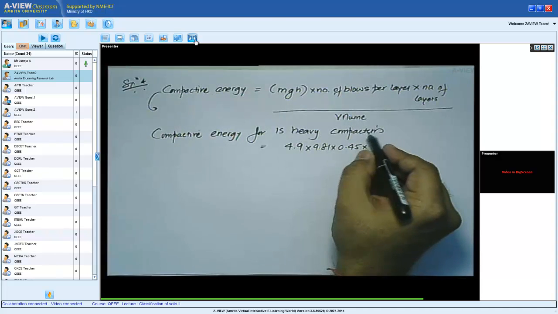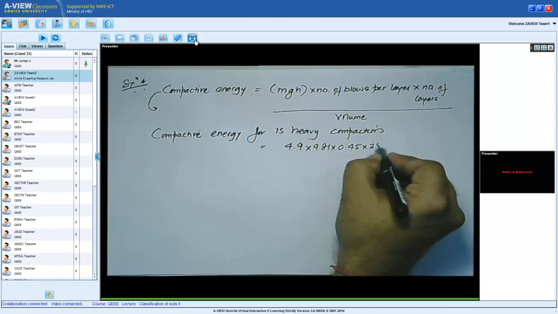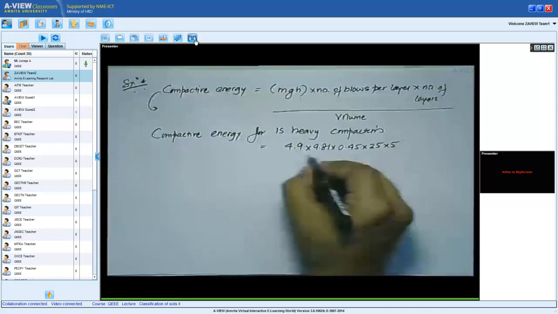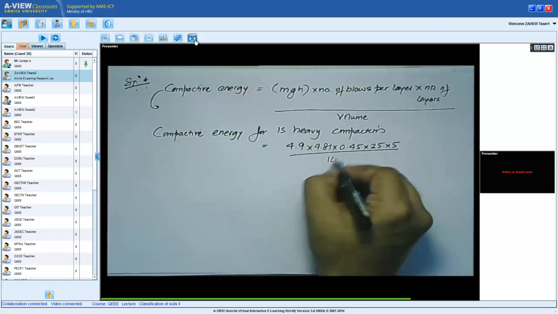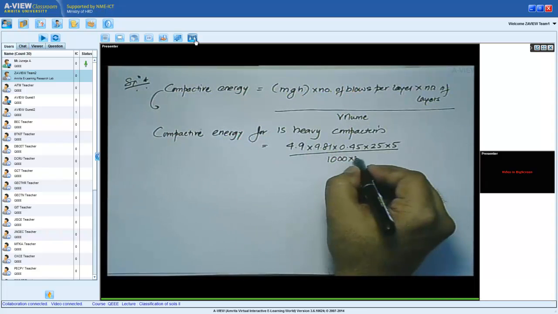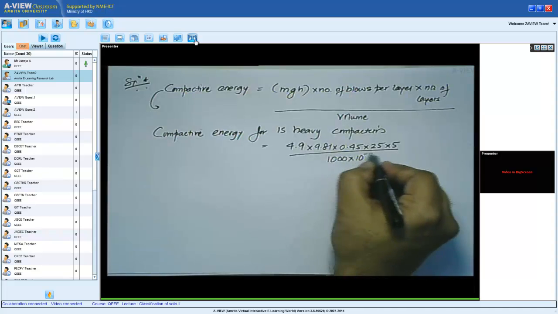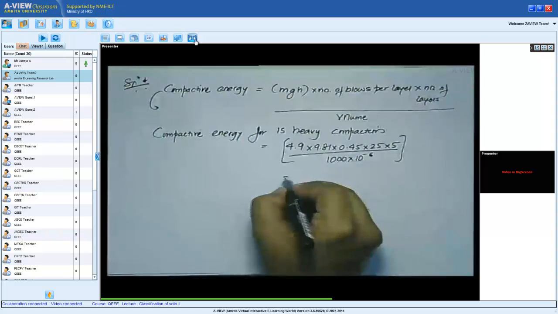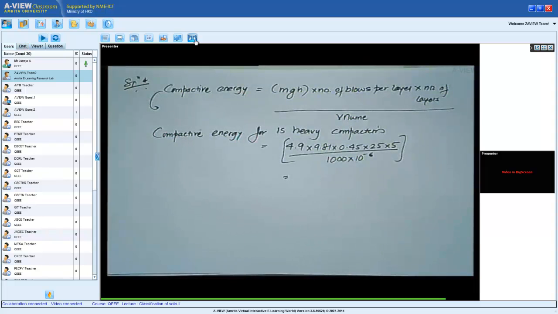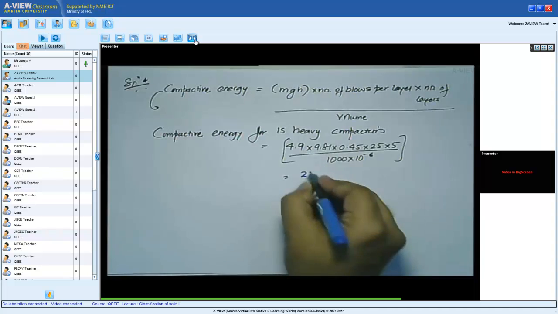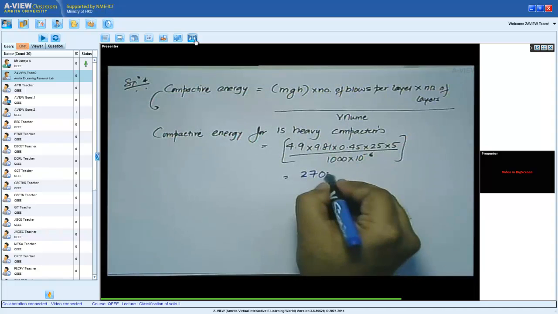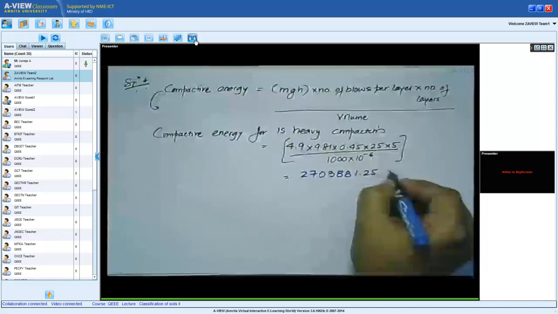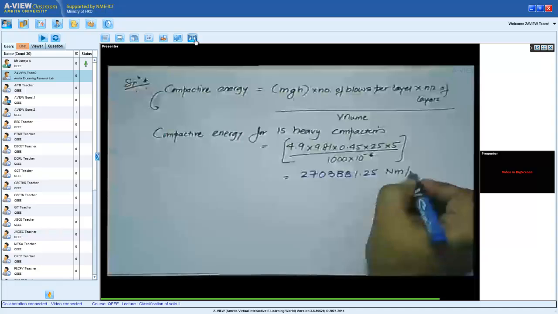Times the number of blows per layer. So you provide 25 blows in the small Proctor mold and you compact this in 5 layers. That is divided by volume, which is 1000 cc, or in terms of meter cube, 1000 times 10 to the power minus 6. If you solve for this, you get 2703881.25 Newton meter per meter cube.